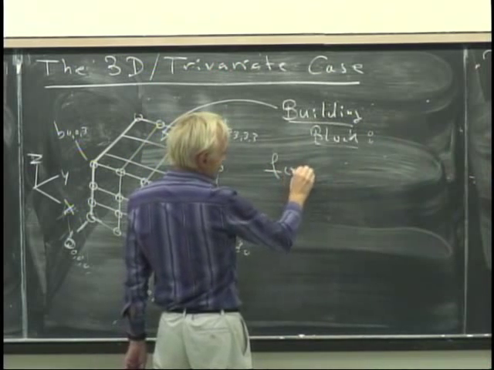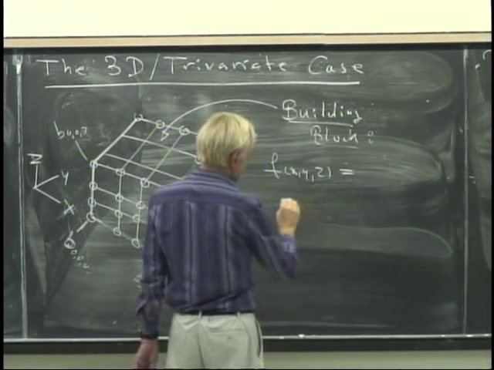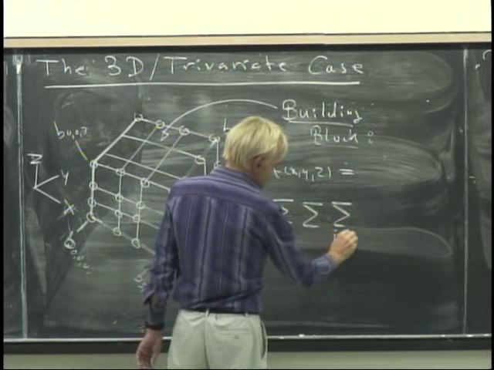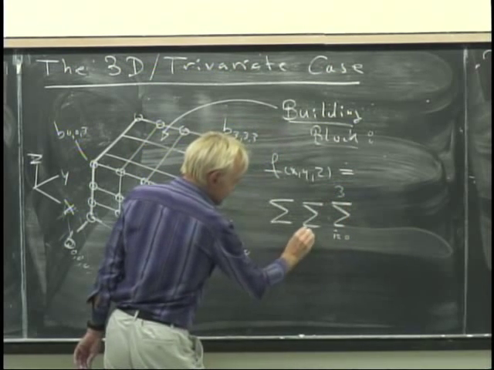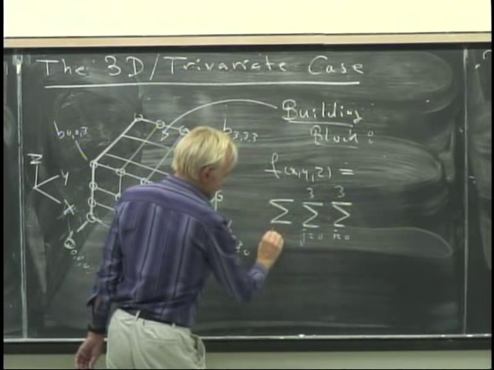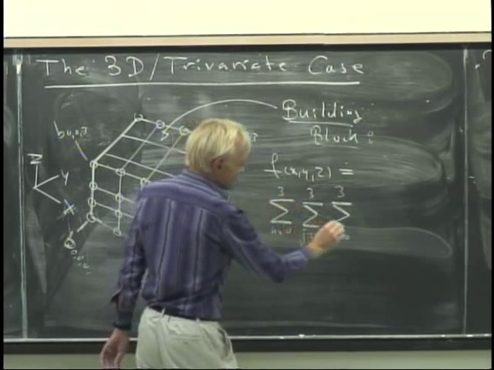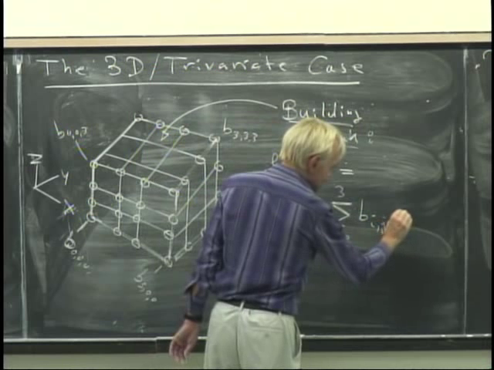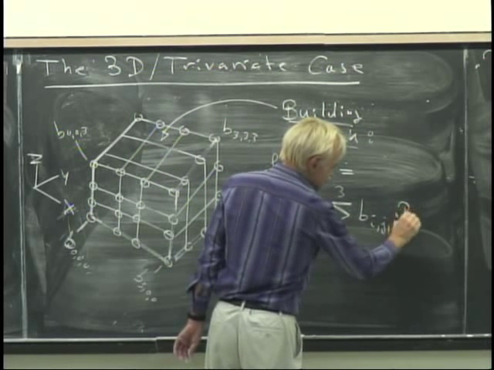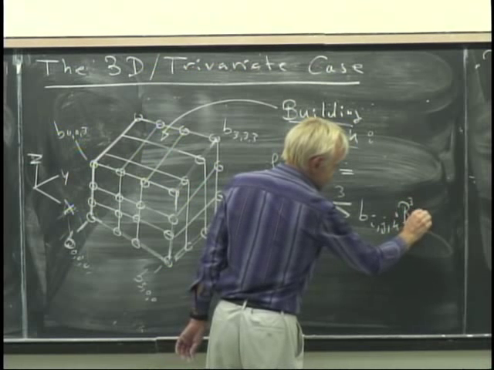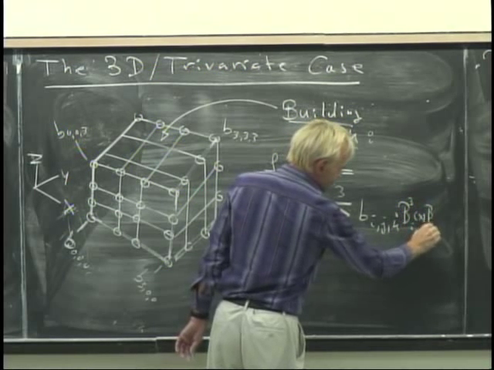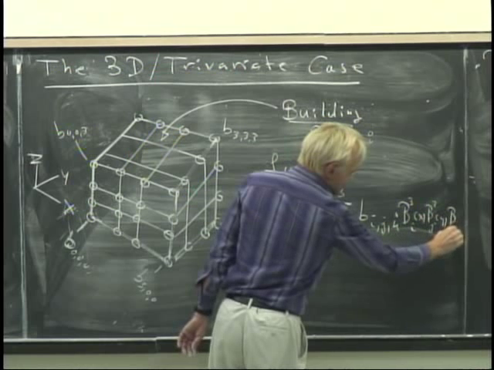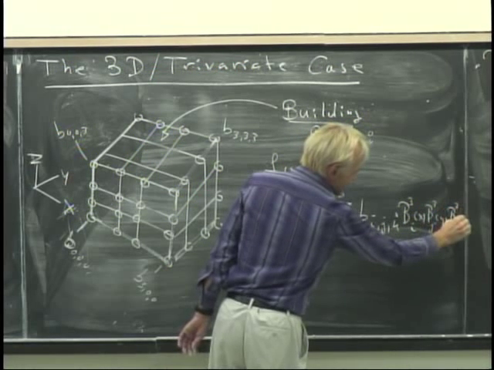F of x, y, z is a triple sum, i from 0 to 3, j from 0 to 3, k from 0 to 3, of Bernstein coefficients b i, j, k times polynomials b i 3 of x times b j 3 of y times b k 3 of z.